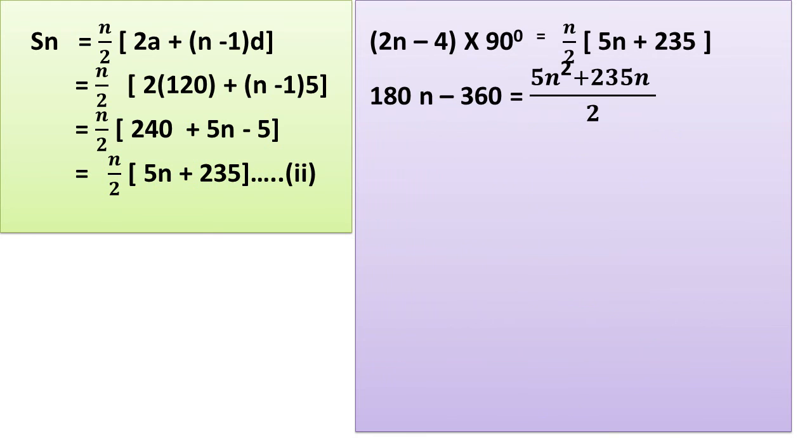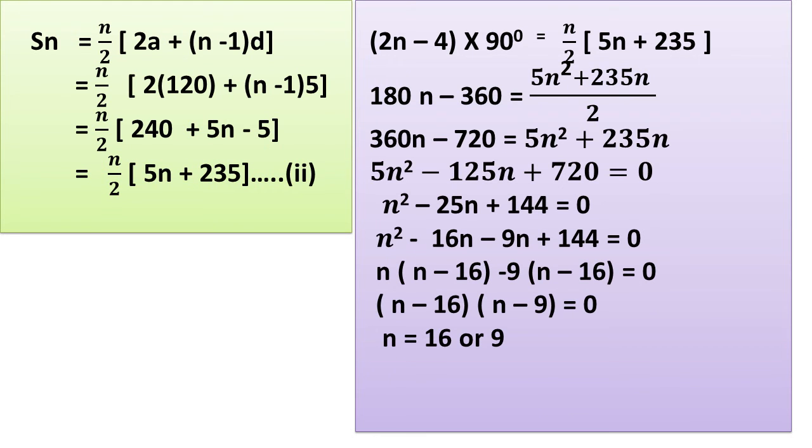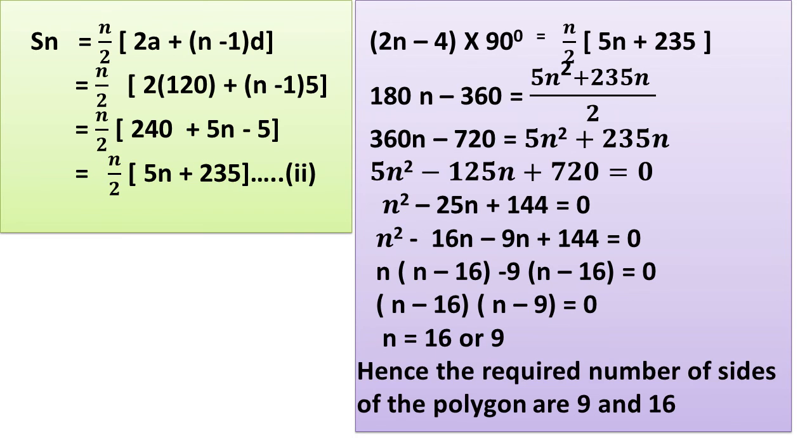Equate result number 1 and 2, you will get a quadratic equation n square minus 25n plus 144 is equal to 0. After factorizing the quadratic equation, the value of n will be equal to 16 or 9. Hence, the required number of sides of the polygon are 9 and 16.